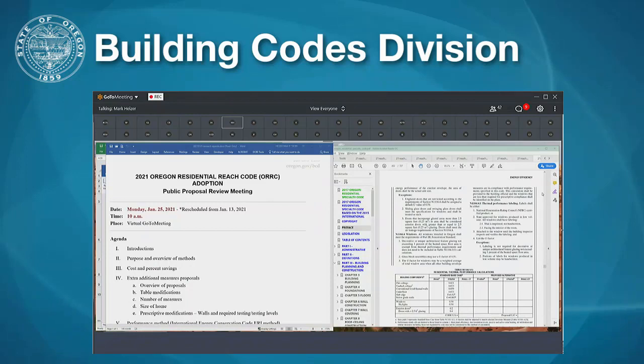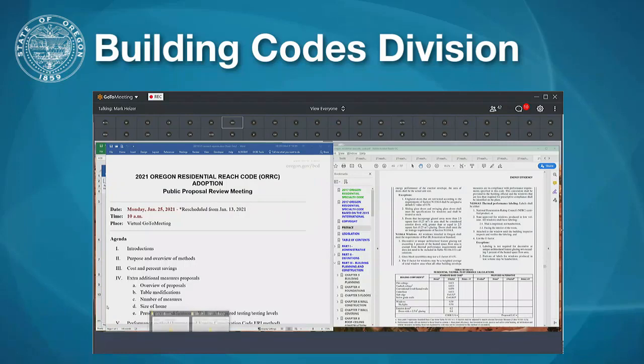It started in 2010 as an above code path for buildings where any jurisdiction would have to recognize that path and be able to accept plans for buildings that are constructed to this above code energy path.